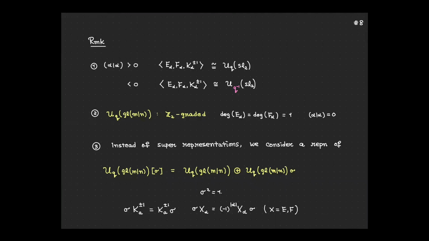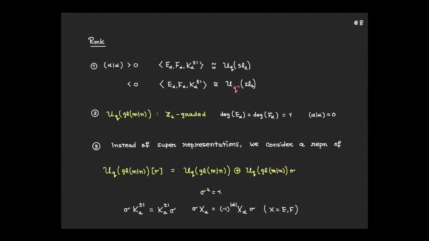But in my lectures, super representation doesn't play a very important role, so I want to think of representation as a usual representation of a usual algebra. But anyway, we need to translate the terminologies.